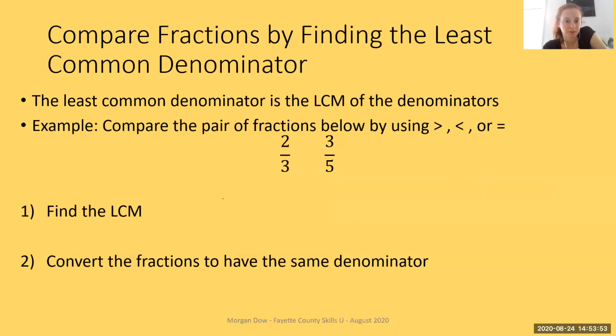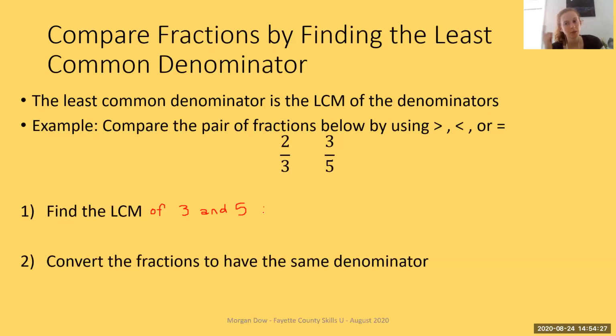First thing we're going to do is we're going to find the LCM of the denominators. So the LCM of 3 and 5 is, well, if we think of multiples of 3: 3, 6, 9, 12, 15.